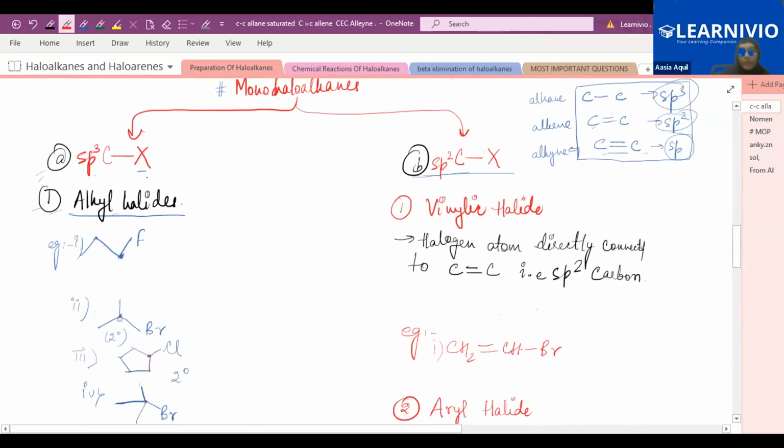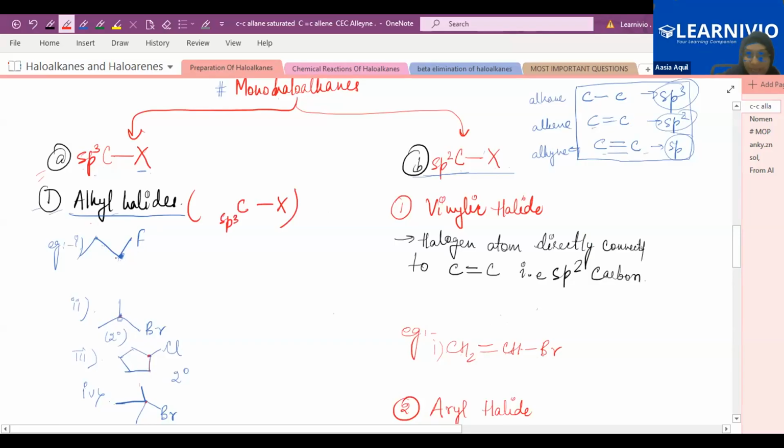See the first type. When the halogen group is attached to an sp3 hybridized carbon, it is an alkyl halide. The other name of alkyl halide is haloalkane. In this case, the halogen group is attached directly to an sp3 hybridized carbon. See example number one.